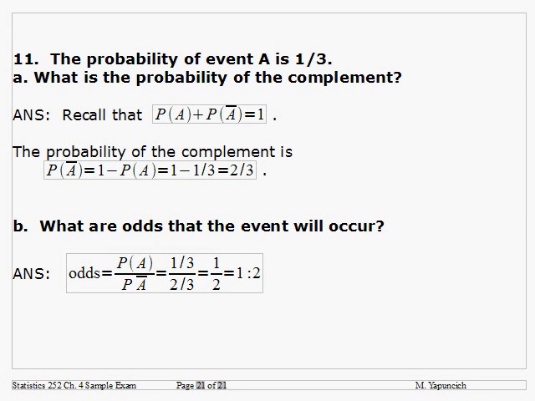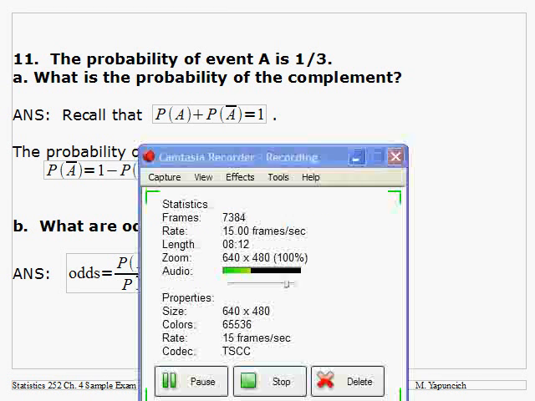It's just about the same as the probability for not rolling the 3, but it's a little different. What is the probability of the complement of A if the probability of A is 1/3? Well, it's as before.